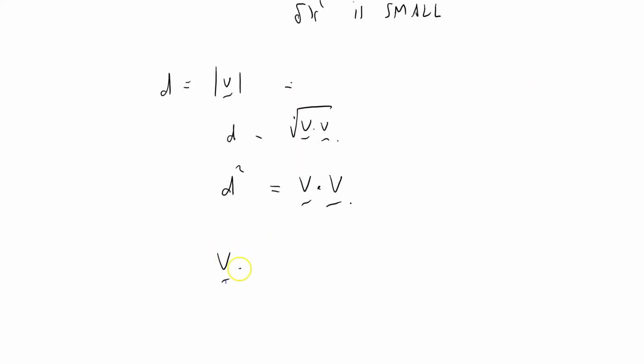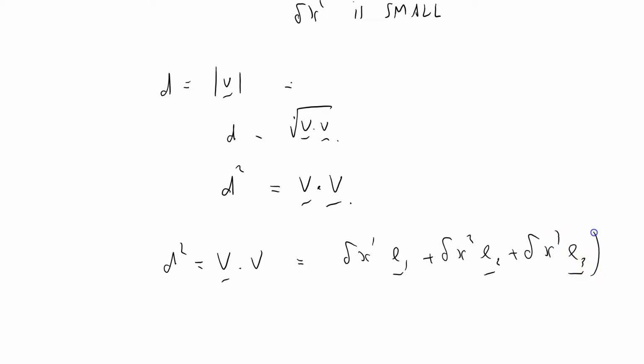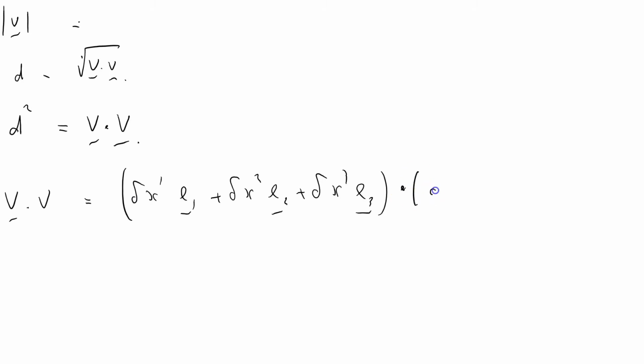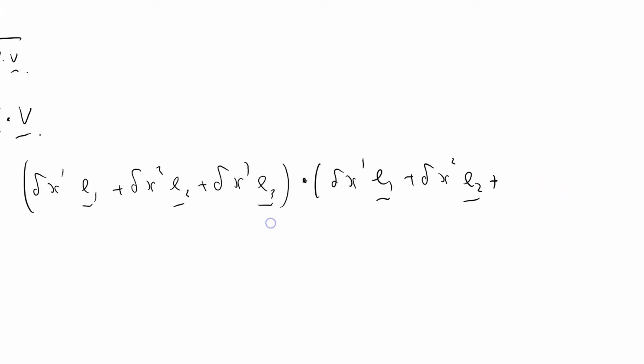So d squared equals v dot v, equals delta x1 e1 plus delta x2 e2 plus delta x3 e3, dotted with itself, delta x1 e1 plus delta x2 e2 plus delta x3 e3.